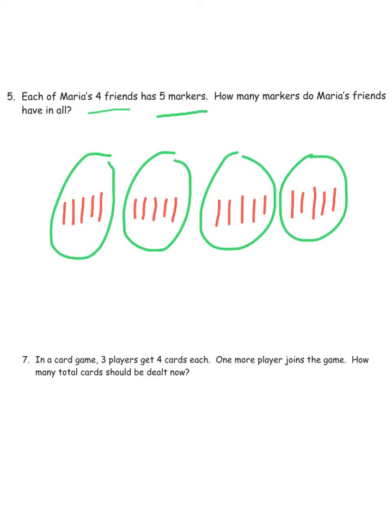Okay, so each of her 4 friends has 5 markers. How many markers in total? Now you should know how to count by 5, so we're going to go 5, 10, 15, 20. 20 is the correct answer, so 4 times 5 is 20.